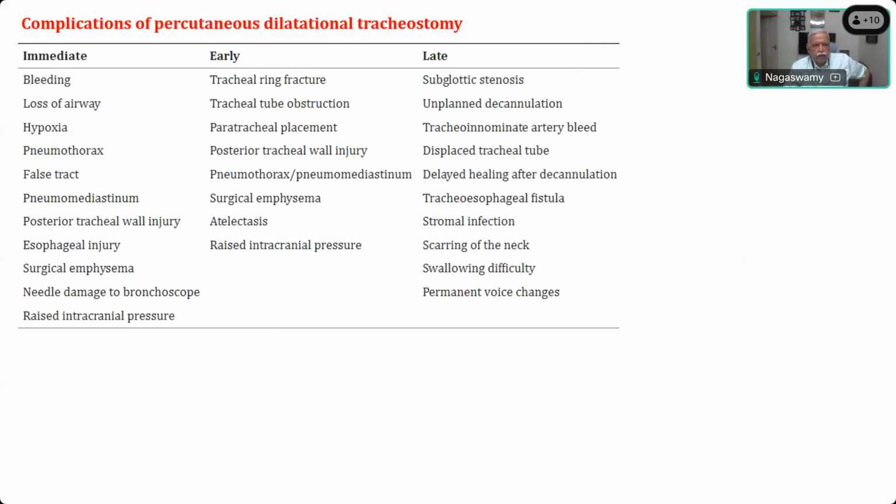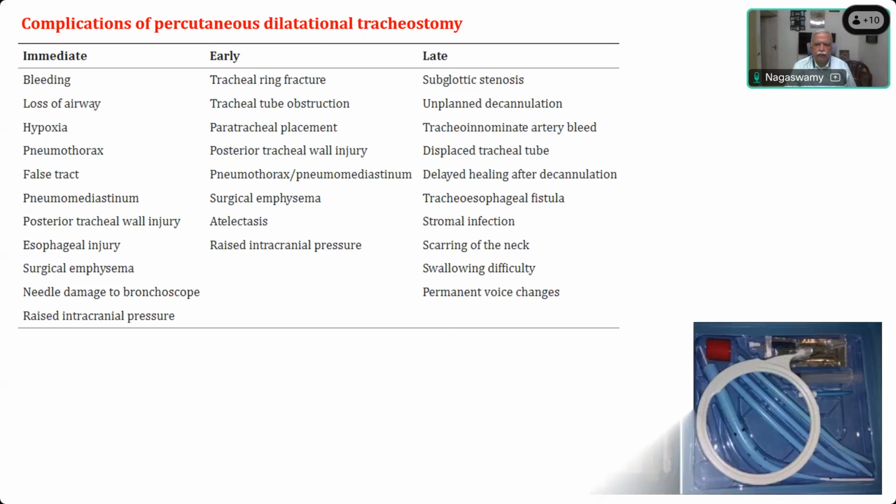Early complications: tracheal ring fracture, tracheal tube obstruction, paratracheal placement, paratracheal wall injury, atelectasis, etc. Late complications: subglottic stenosis, unplanned decannulation, tracheo-innominate artery bleed, displaced tracheal tube, delayed healing after decannulation, tracheoesophageal fistula, stomal infection, scarring, swallowing difficulty, and permanent voice change.